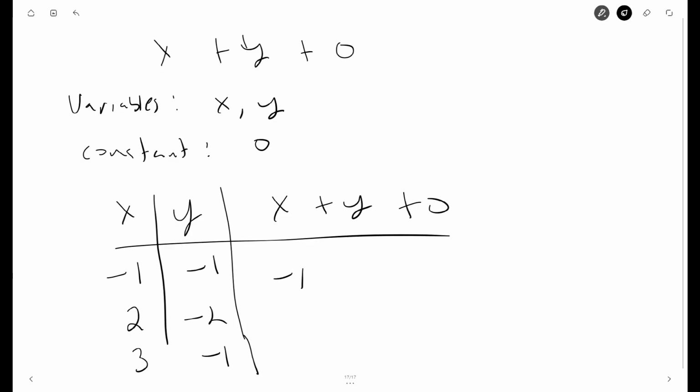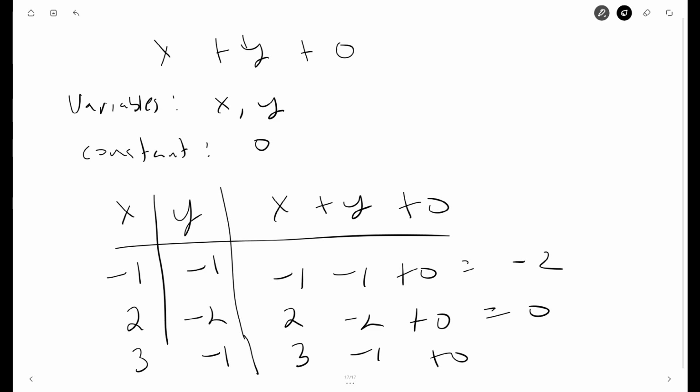So negative 1 plus negative 1 plus 0 is equal to negative 2. Then 2 plus negative 2 plus 0 is equal to 0. Then 3 plus negative 1 plus 0 is equal to 2.